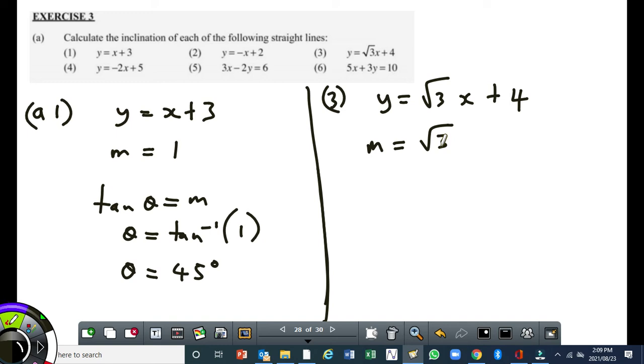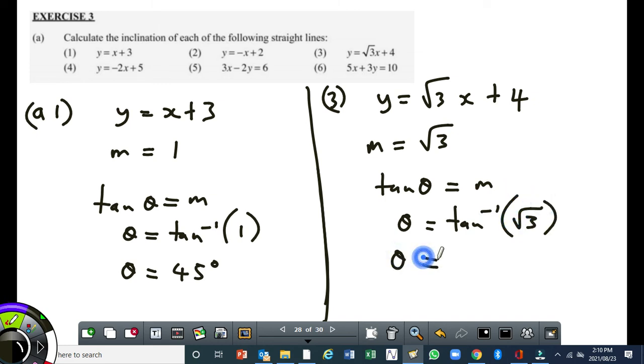So what this means is that tan theta is going to be m, and then since the gradient is positive, theta is going to be shift tan of m, which is square root of 3. So what's that value equal to? What is shift tan of square root of 3? It gives you 60 degrees. So the angle of inclination between that straight line and the x-axis is going to be 60 degrees.